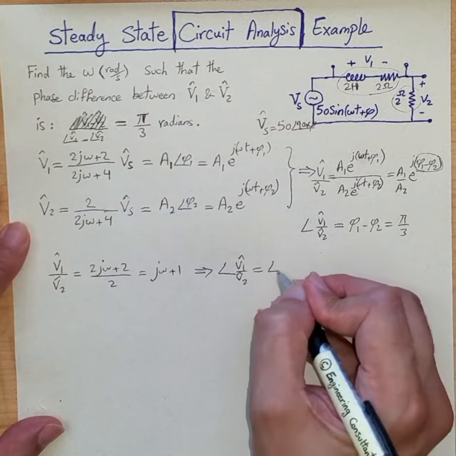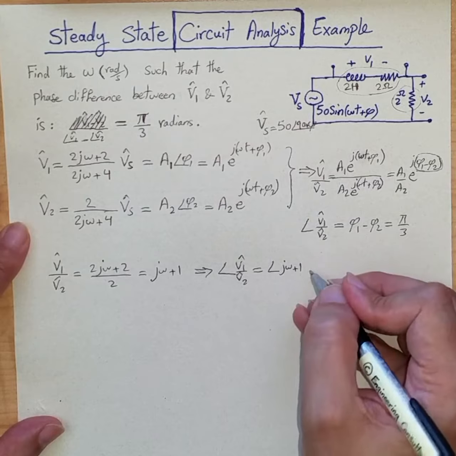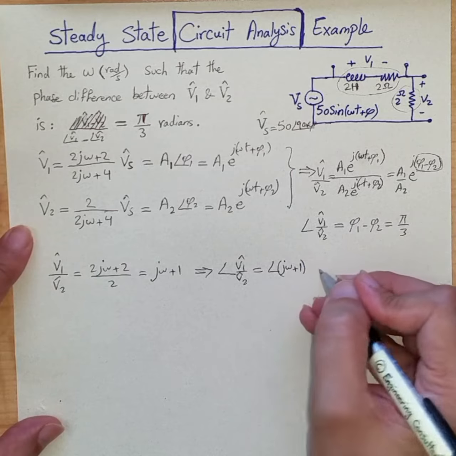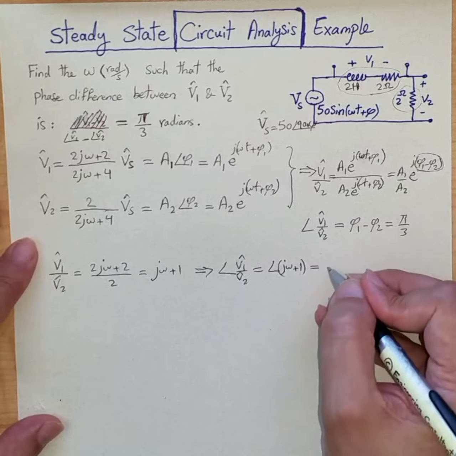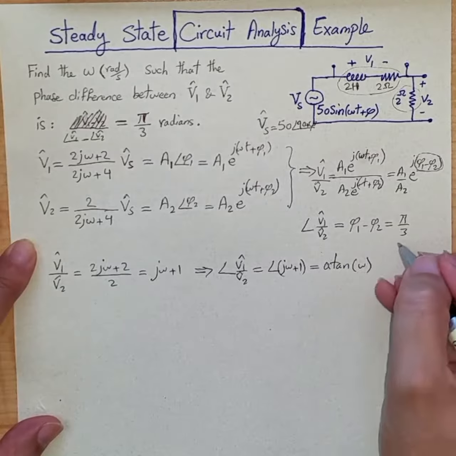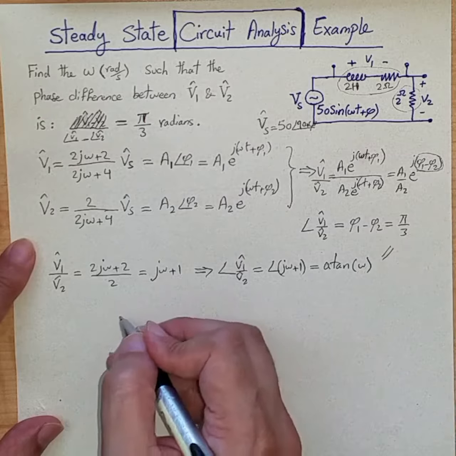So this means it is the phase of j omega plus 1, and the phase of j omega plus 1 is just arctan of omega, which should be equal to pi over 3 as the question is asking for.